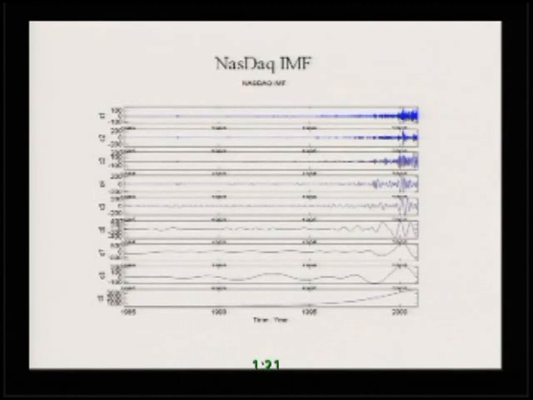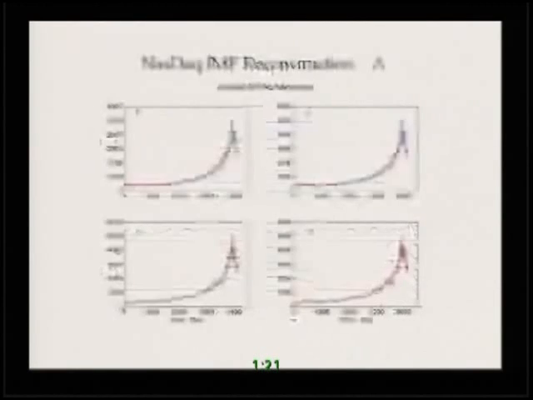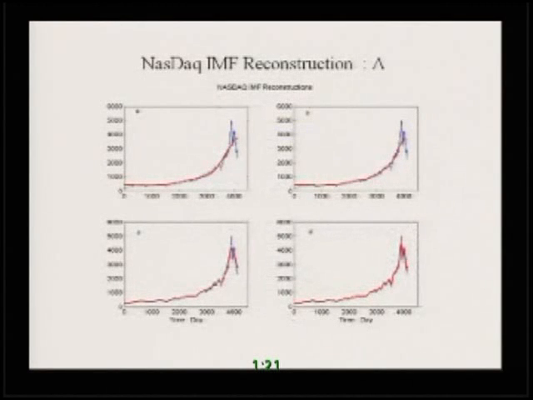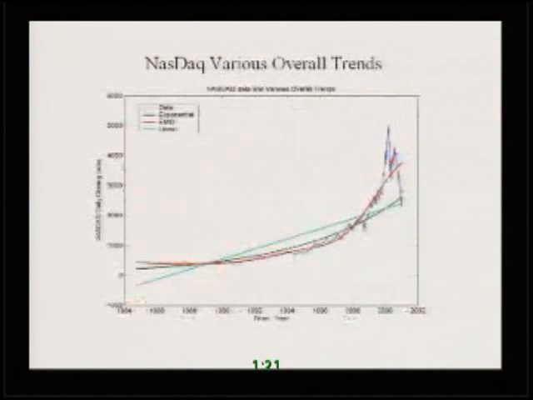If you take this trend and add 1 component, 2 components, 3 components, 4 components, and so on, you eventually get to the full data. And if you plot the EMD determined trend, it looks like this, and this is the linear trend, and this is the exponential trend.